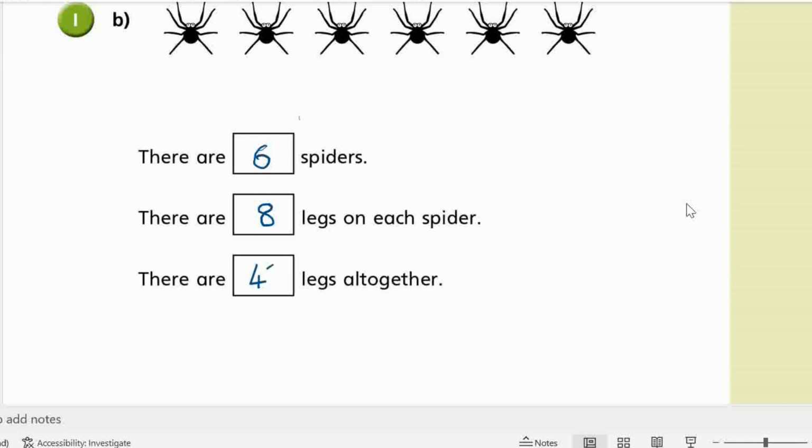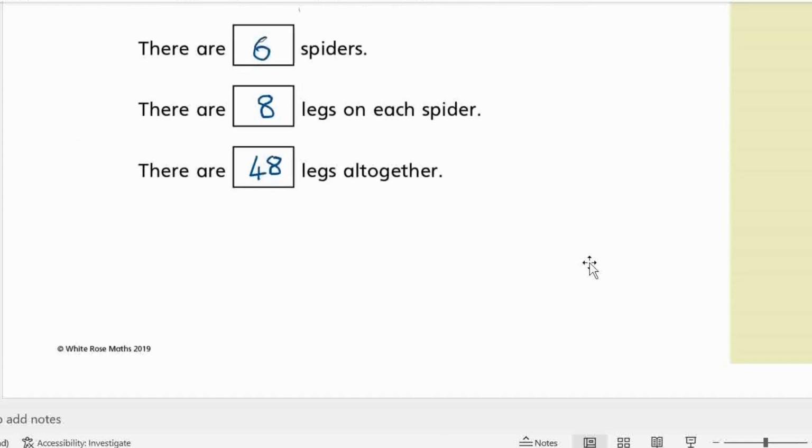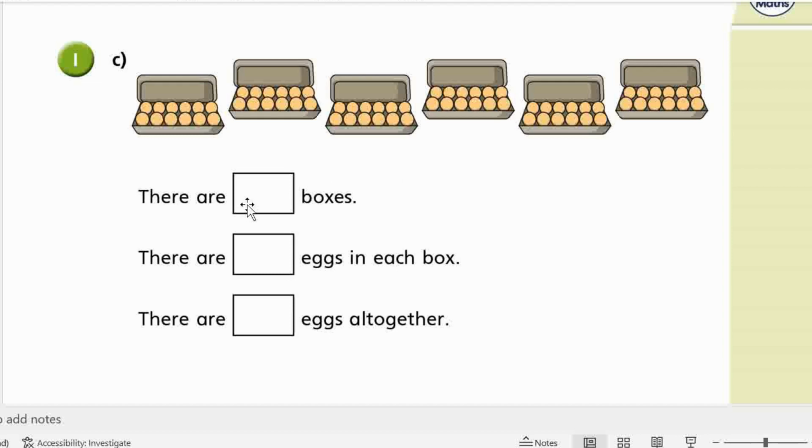Okay. Right. There are how many boxes? 6. There are how many eggs in each box? 12. Okay. Now remember, when you're doing the 12 times table, do 10 and then 2. Yeah?